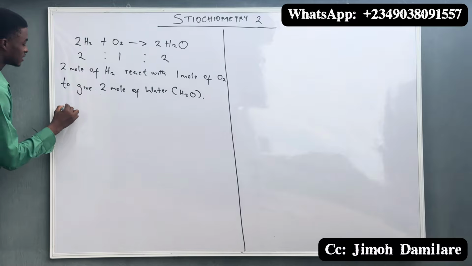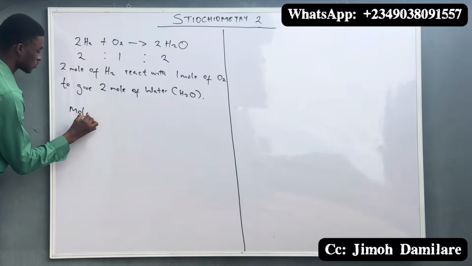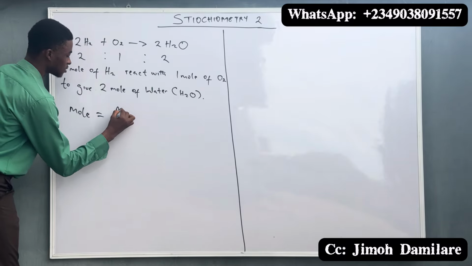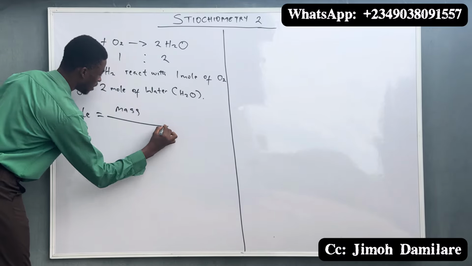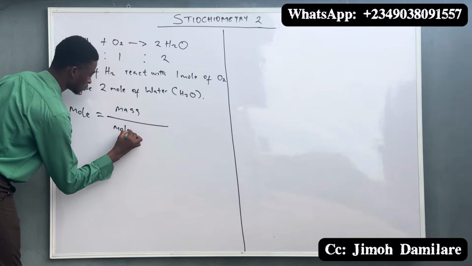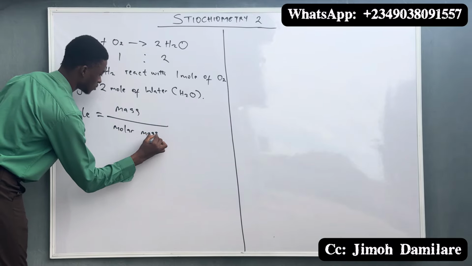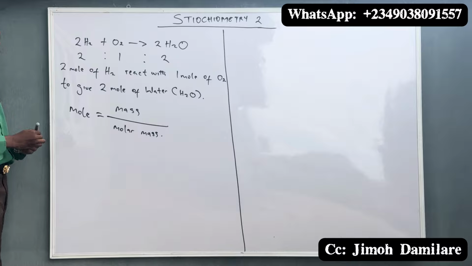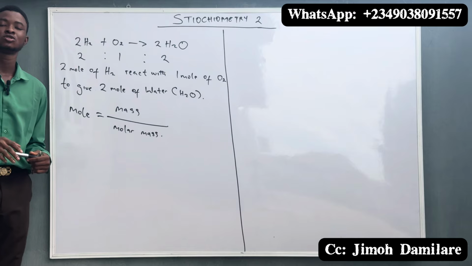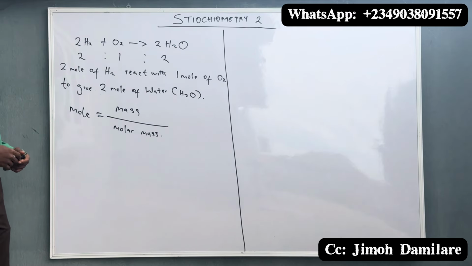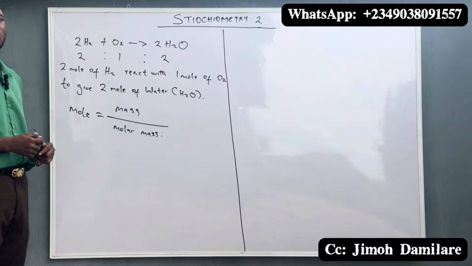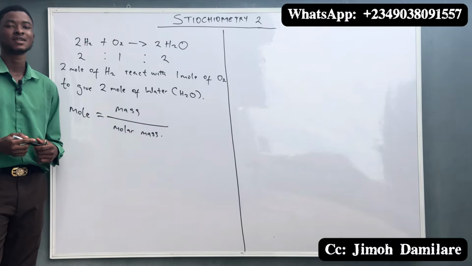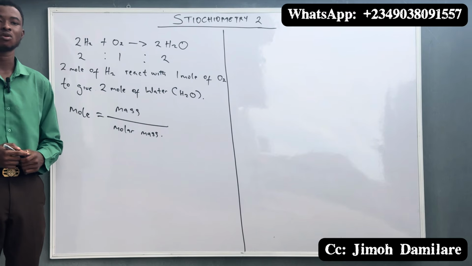And always remember that the mole is equal to mass over molar mass. This formula is very important in every stoichiometry question you'll be solving because they might twist the question one way or the other. So let's look at examples and see how all this works.